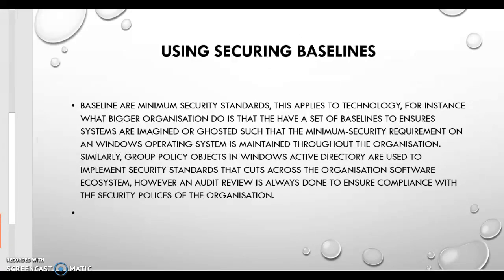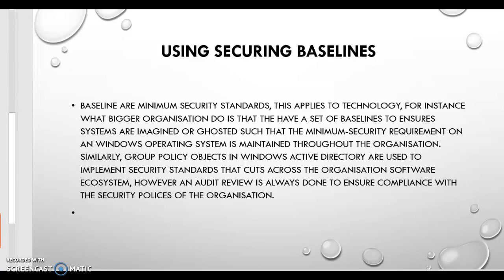Using secure baselines. Baselines are minimum security standards. This applies to technology. For instance, what big organizations do is that they have a set of baselines to ensure systems are imaged or ghosted, such that the minimum security requirement on a Windows operating system is maintained throughout the organization.